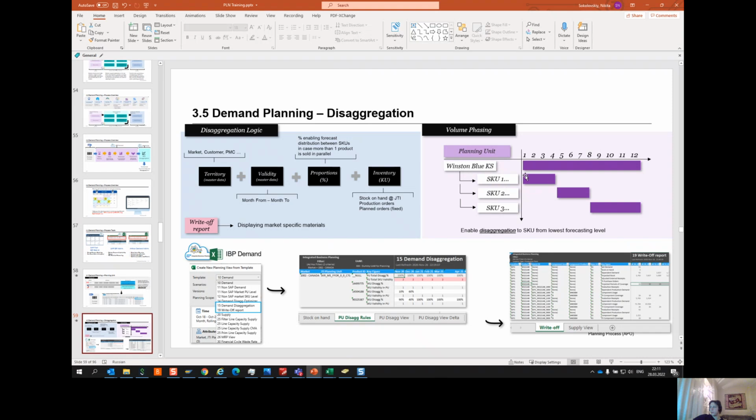For the first 4 months, we can produce it using SKU number 1. For the second 4 months, we can produce it using SKU number 2 and then SKU number 3. So disaggregation is breaking down the requirement for a product into separate SKUs.